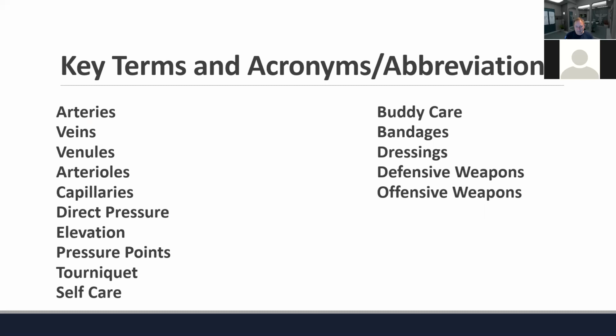There is a specific presentation where we talk about the mnemonic of run, hide, fight, particularly as it relates to any type of weapon attack, either in the workplace or in a school setting or in a church setting.